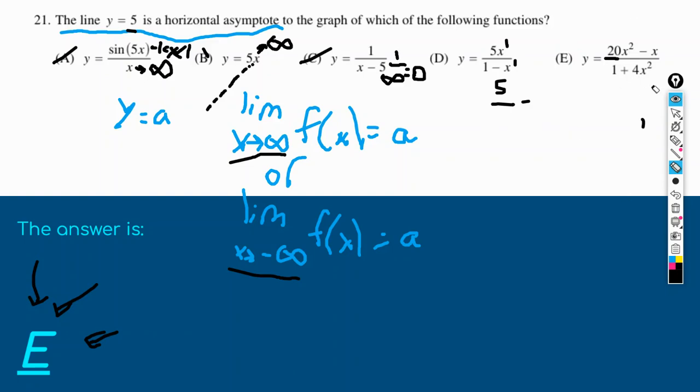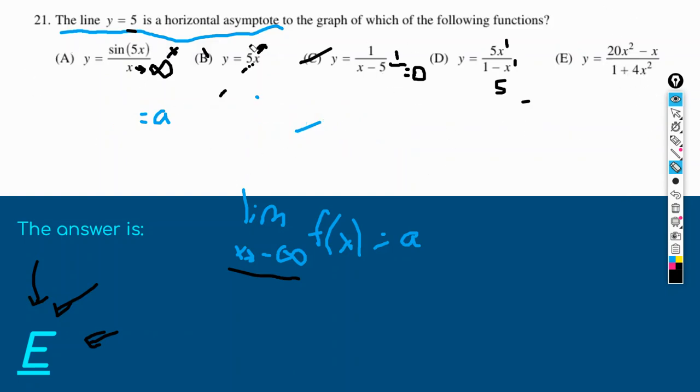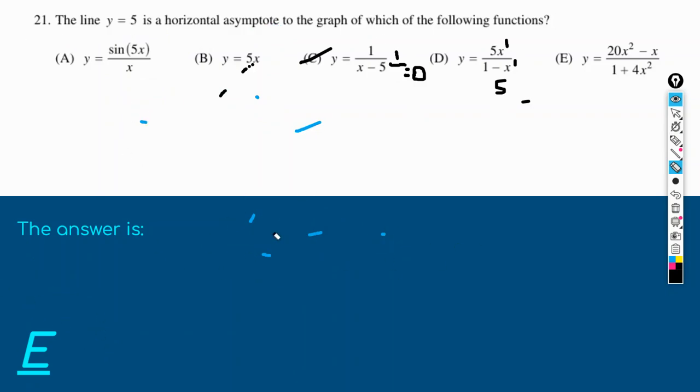Just a quick refresher for these types of limits. If you're taking a limit to infinity or negative infinity, I'll just do one example. If we have something like 1 over x to infinity or negative infinity, the denominator is going to be growing greater than the numerator.